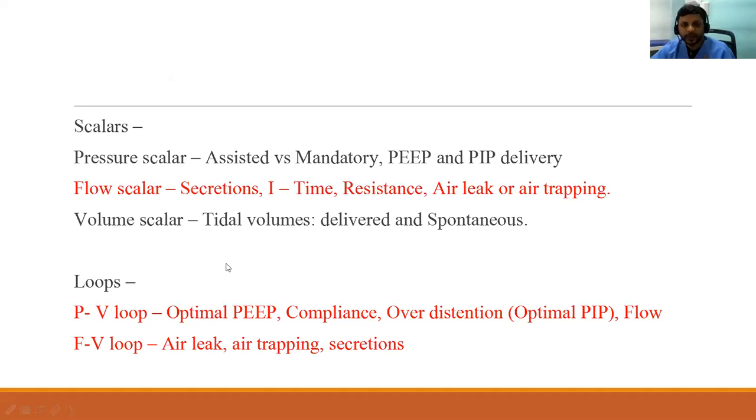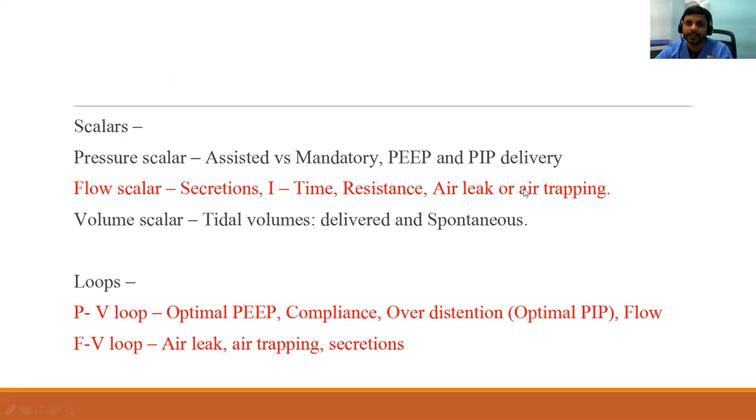If I were to put a baby on ventilator, the first loop that I look at is the PV loop, the pressure volume loop. I would want to see whether my PEEP is optimal or not, the compliance of the lung, and I want to make sure I'm not using too much PIP. The second thing I do is look at all the scalars, particularly the flow scalar, to look for any secretions, whether my I-time is too much or too little, whether there is any air leak or air trapping.